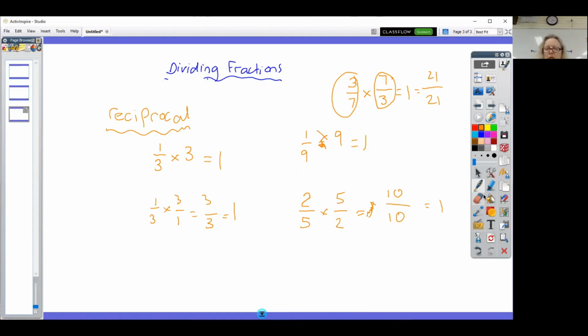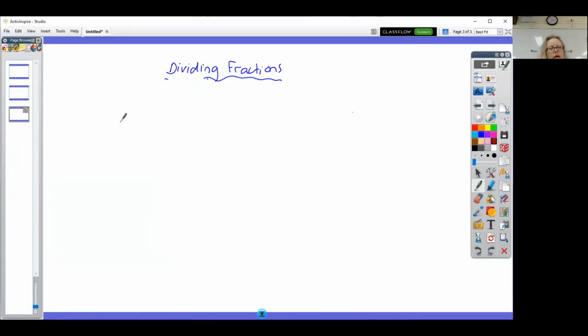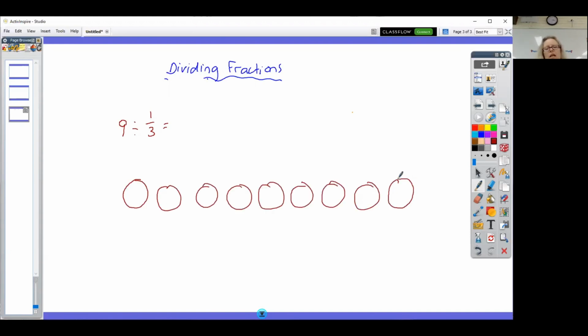So back to dividing fractions. Let's start with something like we did, 9 times 1/3. Let's go 9 divided by 1/3, which says how many thirds are there in 9 things? Let's get 9 things here, 1, 2, up to 8, 9 things. Let's see how many thirds there are. In this one, there are 3 thirds, 1, 2, 3.